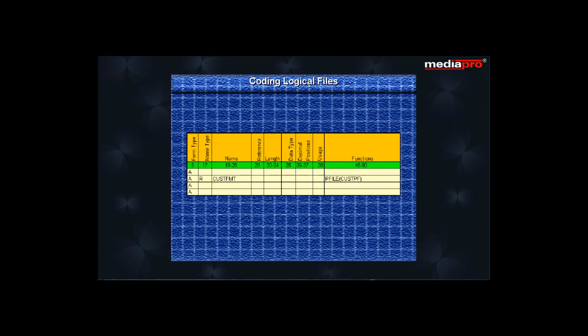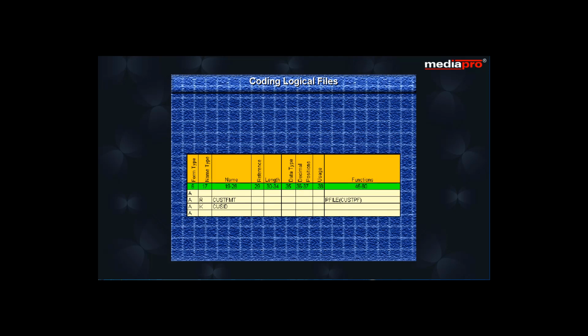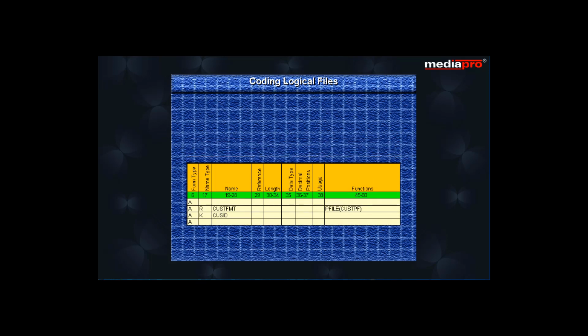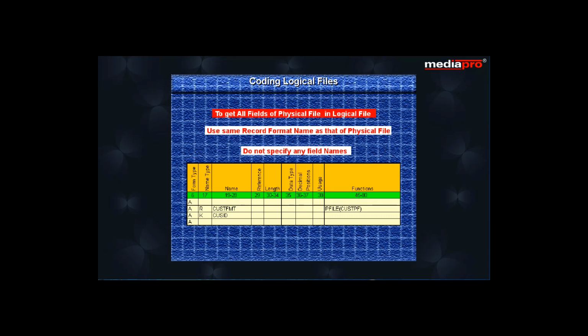Next, we identify customer ID as the key field on which to sequence this file. This is all the code that is required. When we do not specify any fields in the logical file, we are sharing the record format of the physical file.